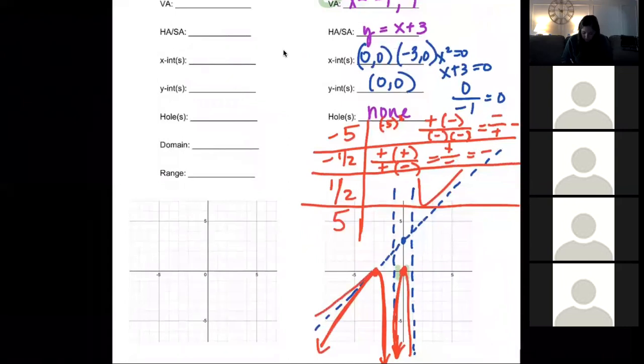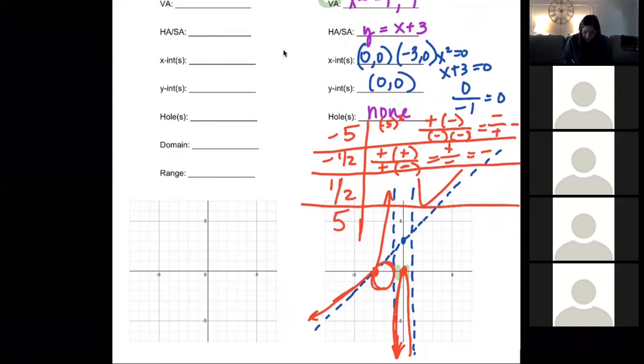Since it's below 0, it could be doing something like that. That might be what's happening. Because technically, this is below 0. I bet that's what's happening. I'm going to test another point between -3 and -1. That might have been what I should have done in the first place.